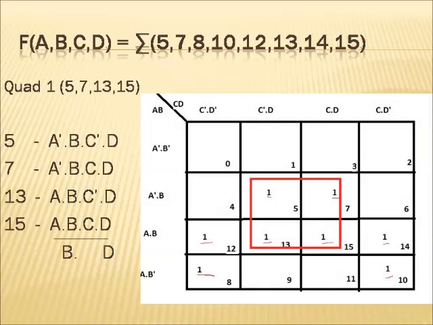C bar, when it comes to 7, it is C, right? So C bar we cannot write. Then consider D. When we consider D, throughout the group we can see that the value of D is staying the same. That is, we have two values B and D. So B dot D is the reduced form of quad 1.